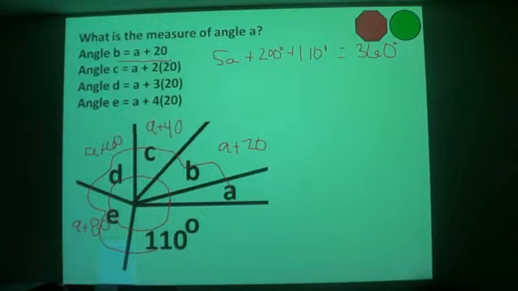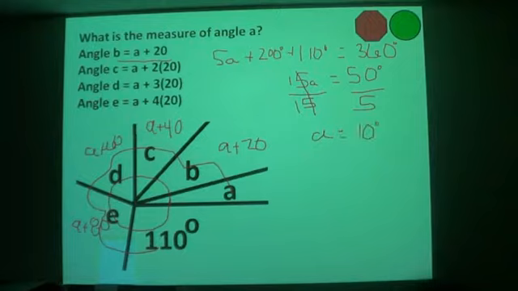Subtracting 200 and 110, we get 5A equals 50 degrees. Divide both sides by 5. This 5 cancels with that 5, turning into a 1, turning into a 1, and 5 goes into 50 10 times. A equals 10 degrees.